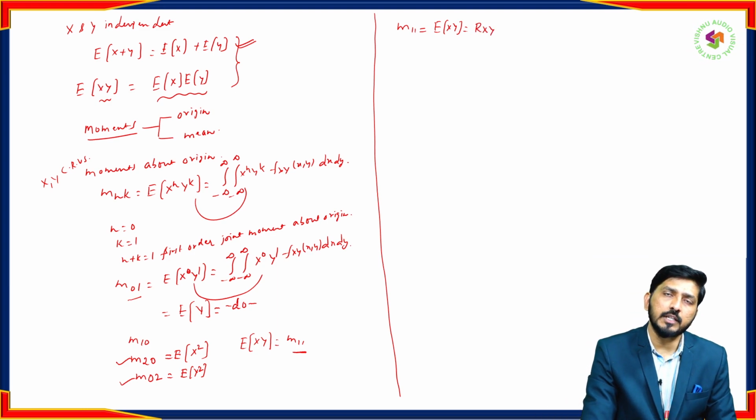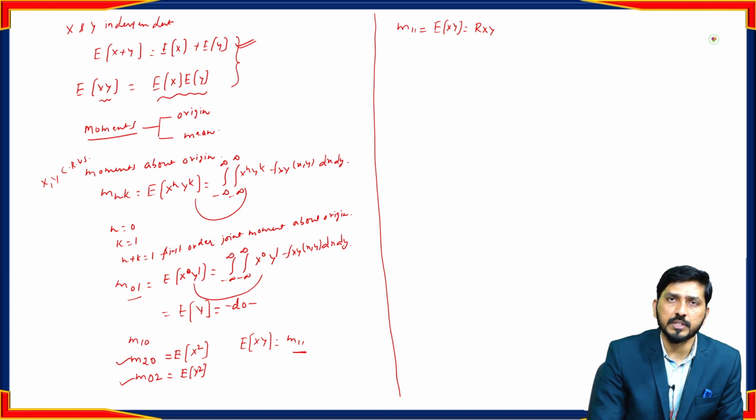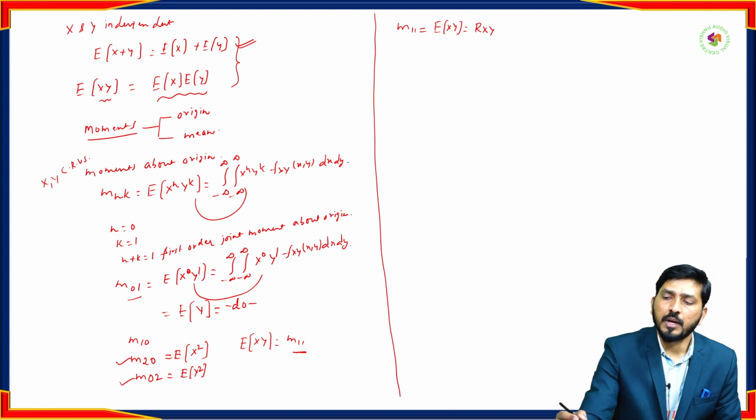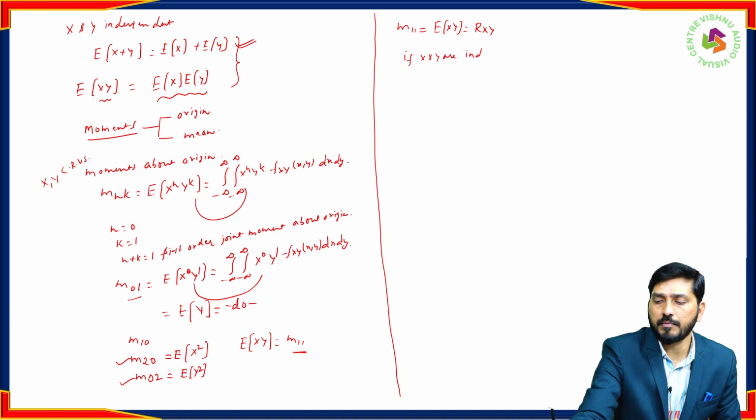M11 is considered a special case that is represented separately as rxy, which is what we call correlation. Again there are two cases. If x and y are independent, then rxy is equal to expectation of x times expectation of y.